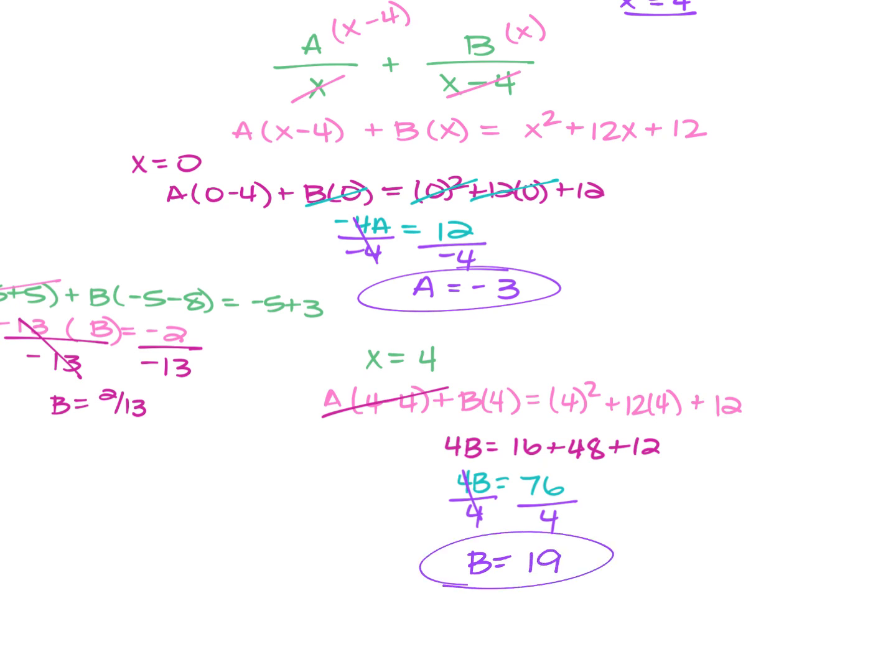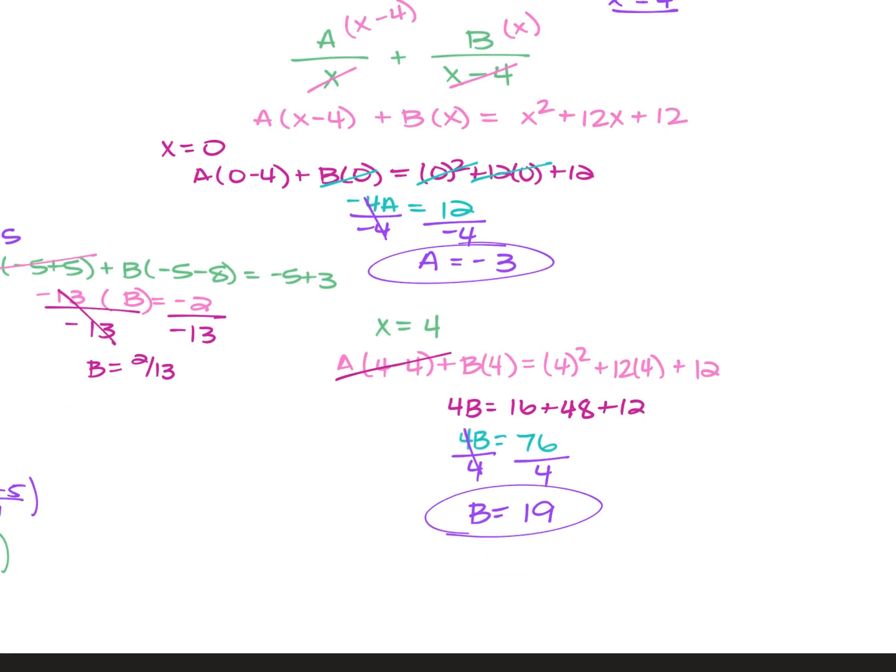So we have an a of negative 3, a b of 19. We factored this to be x times x minus 4. So this just gives us, for our answer, negative 3 over x plus 19 over x minus 4.